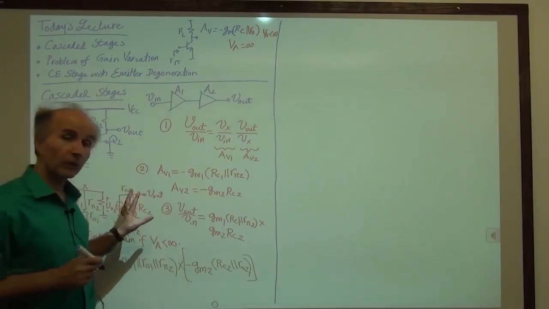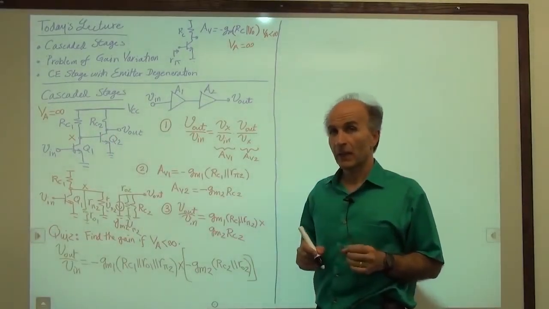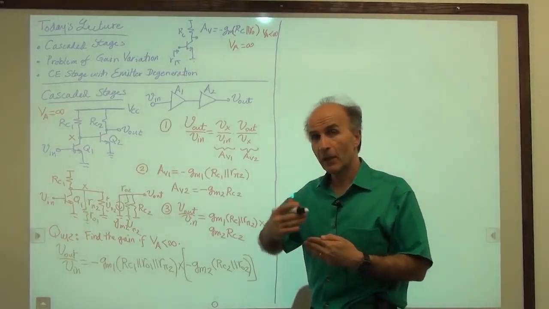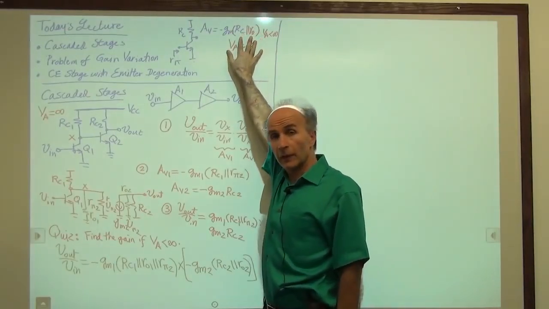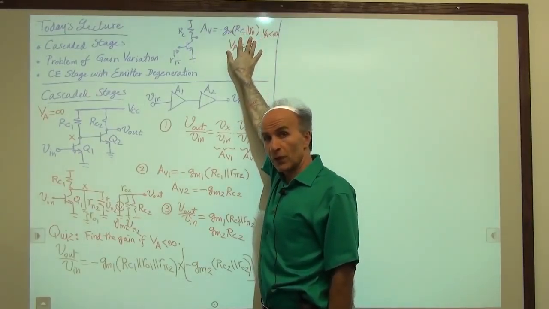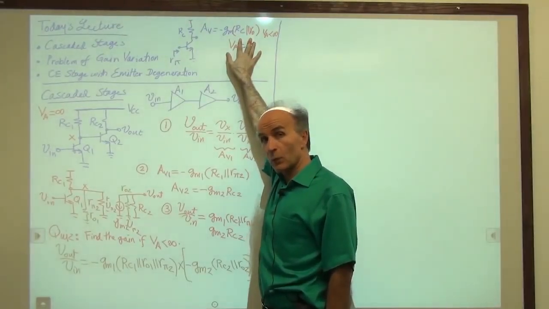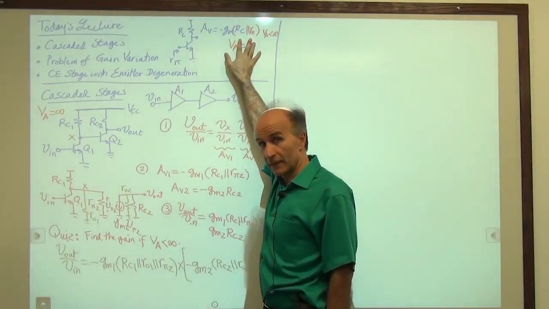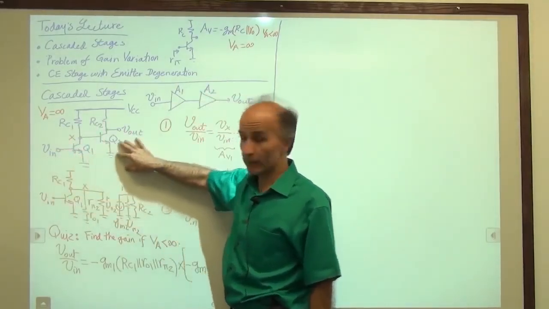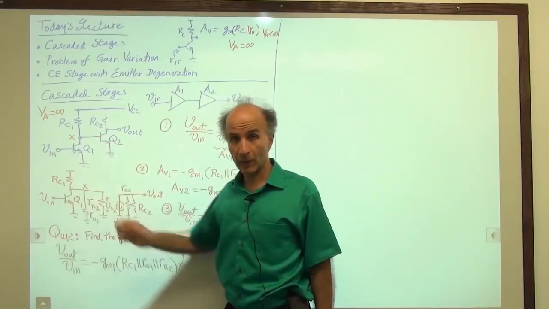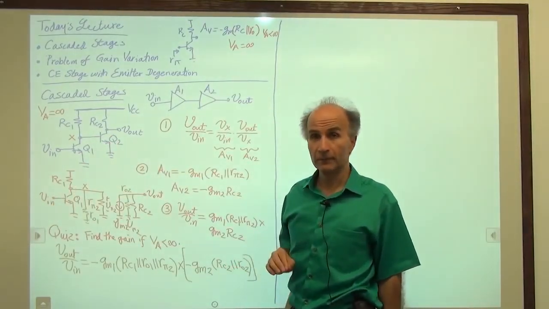All right, the moral of the story in this example is that we are building upon topologies and simple equations to reach a point where we can analyze more complex circuits with relative ease. We don't want to draw the small signal equivalent circuit of this entire topology every time unless we really have to.